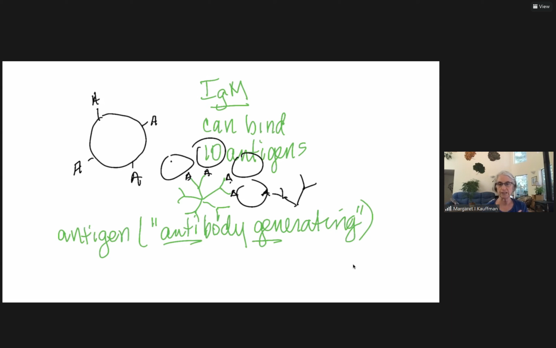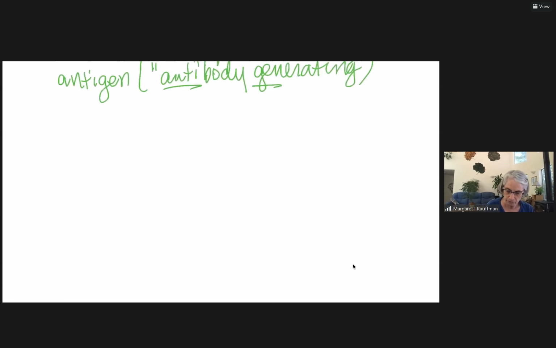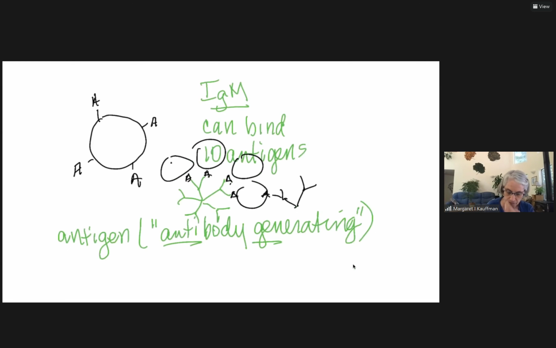And what you get is this leads to a clumping. If this was A, the antibody here would be called an anti-A antibody. And the person who would make this is somebody with B blood type.